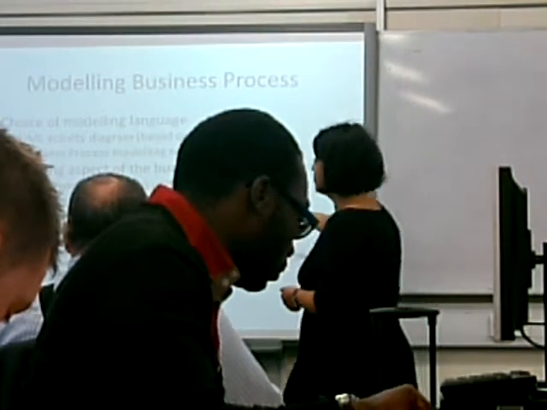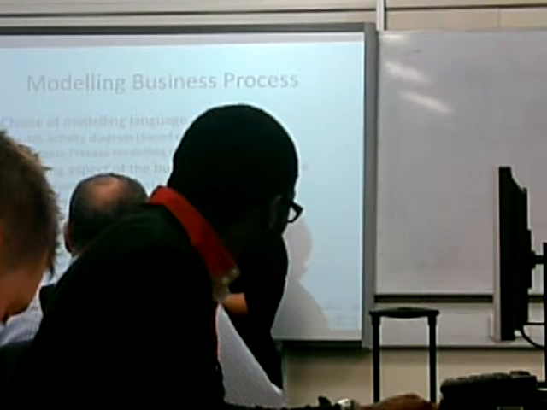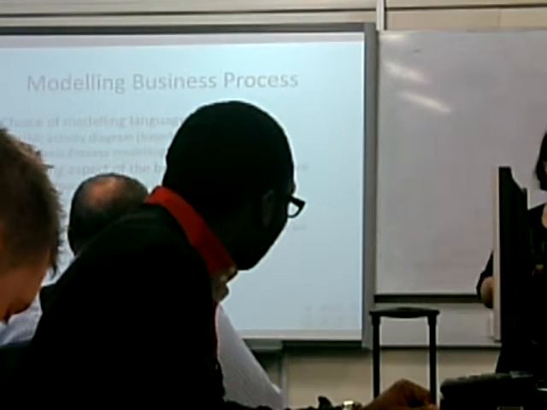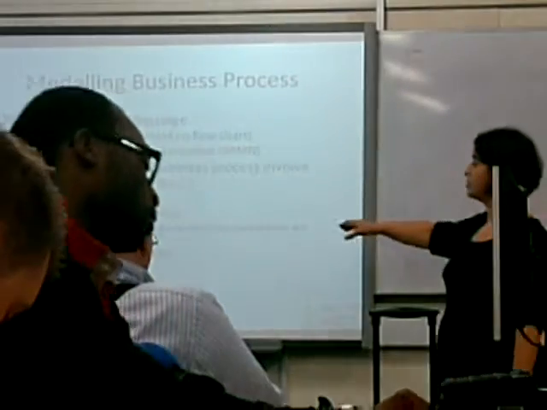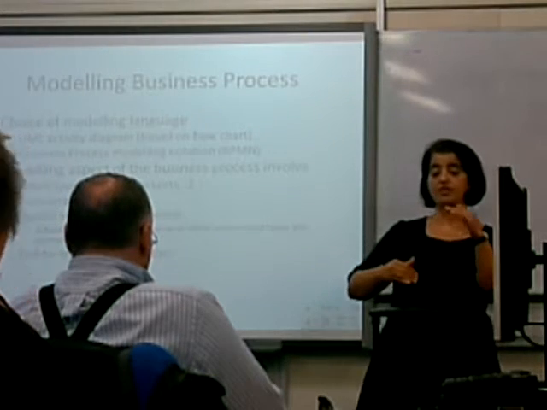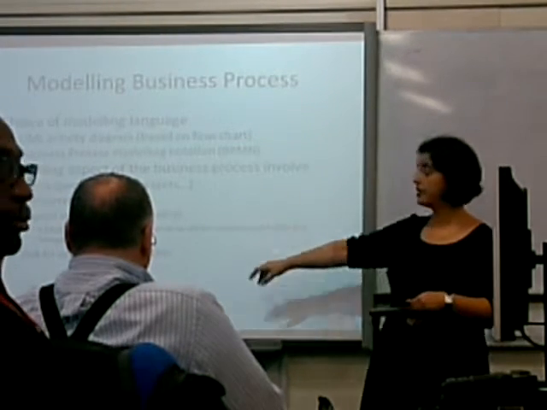So it's very important to have as many concurrent activities as possible. However, some activity need to be in sequence, and therefore we need to have a synchronization point where a task can only start if the other task has finished. And we need to show that.